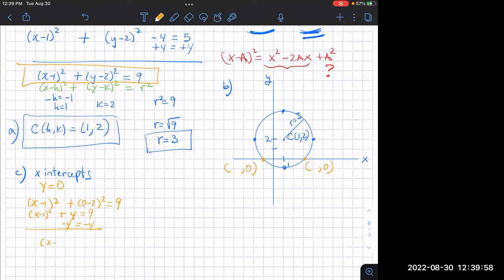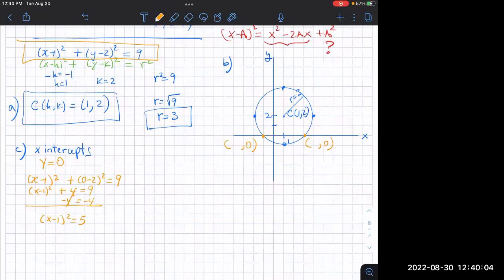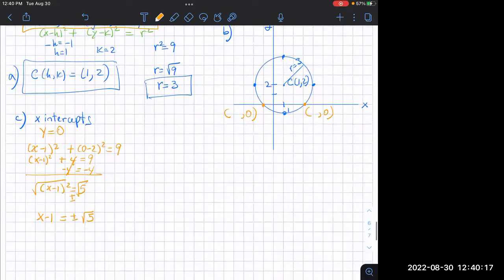So we get x minus 1 squared equals 5. To get rid of the square, do the square root, but now I include plus or minus. x minus 1 equals plus or minus square root of 5. Isolate the x, add a 1 on both sides. So x equals 1 plus or minus square root of 5.